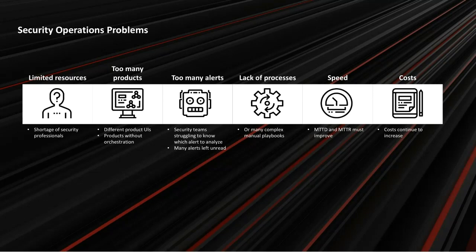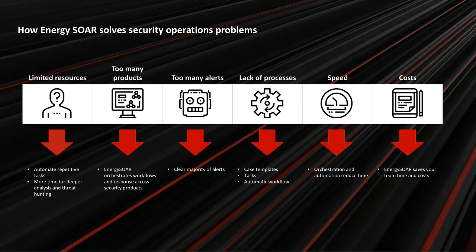So the organization has to invest in some kind of automation to save the money and optimize all of these factors. How SOAR and how Energy SOAR solve security problems.